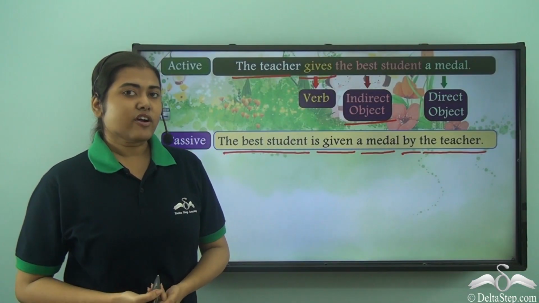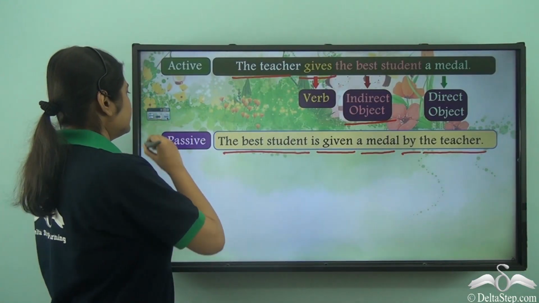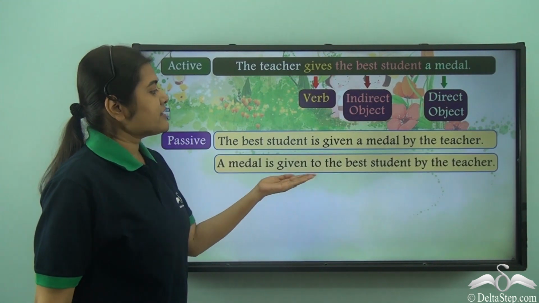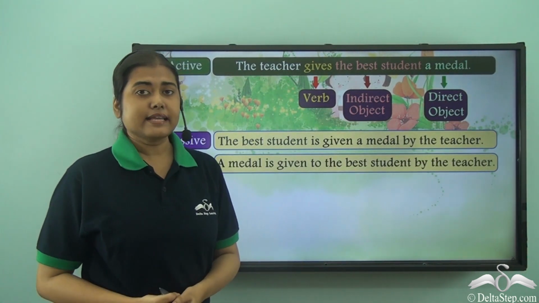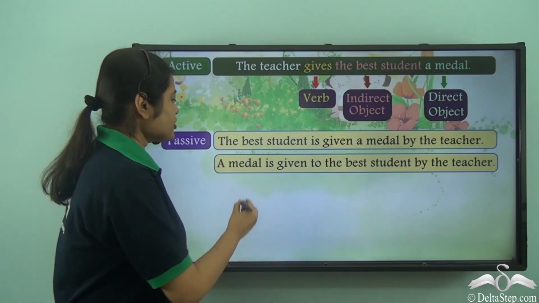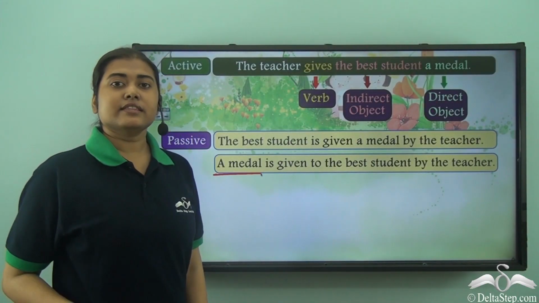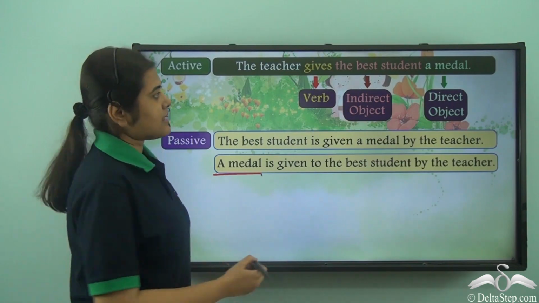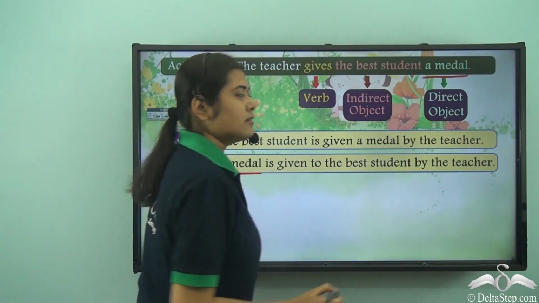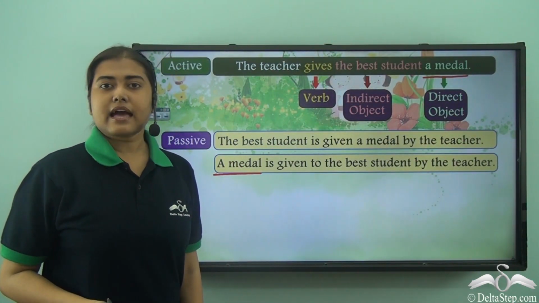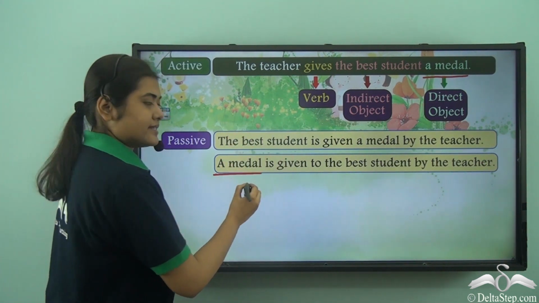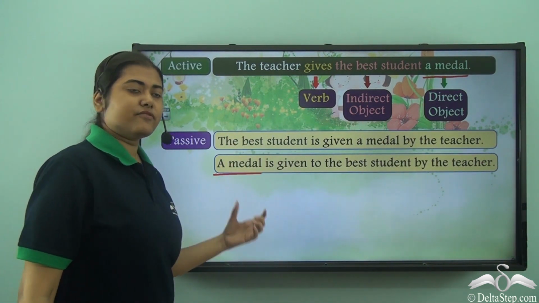Now, what is the other way of writing it? A medal is given to the best student by the teacher. So here what we have done is, we have taken the direct object as our subject. So here a medal was the direct object in the active voice. Now we have placed it in the subject position in the passive voice.